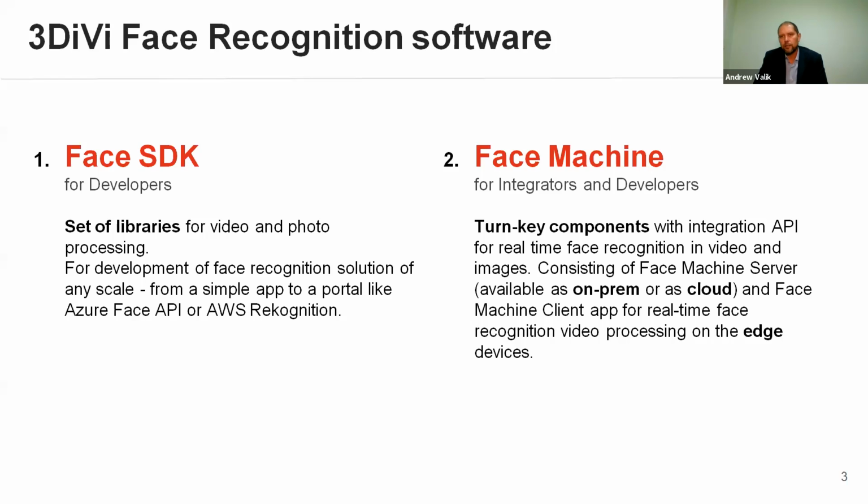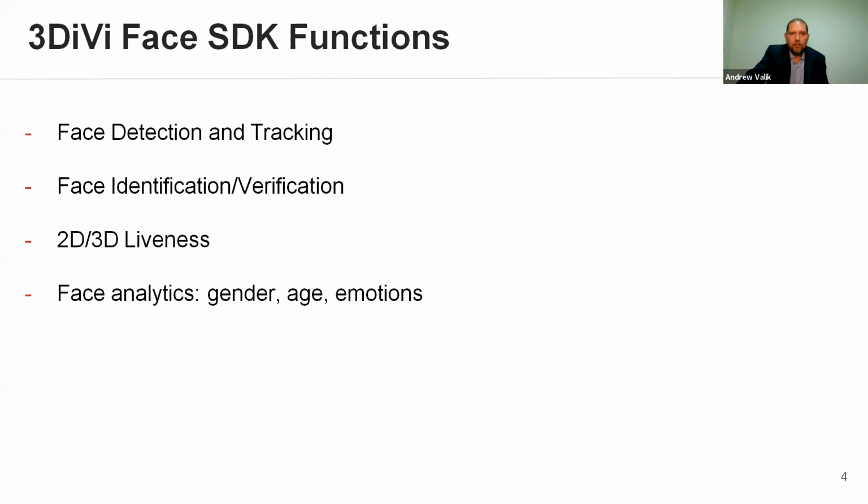It's a ready engine with storage, the Face Machine server, and the Face Machine client application that can work on edge devices. At first, I will tell about Face SDK. It's a simpler product than Face Machine.